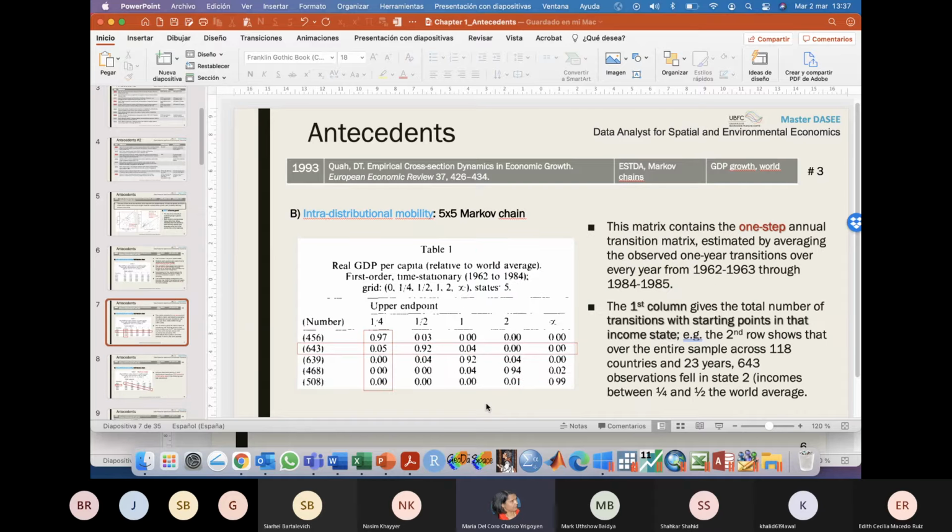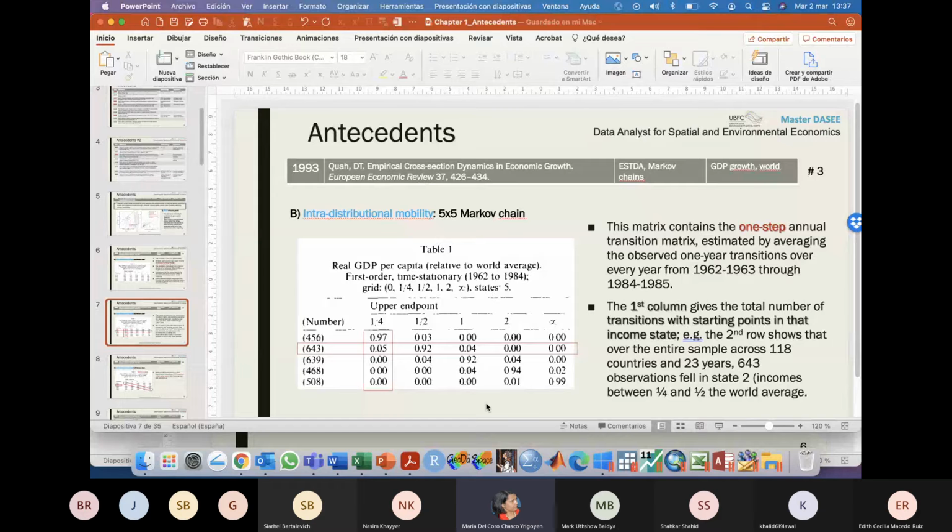This matrix contains the one-step annual transition matrix. So each of the numbers represents a probability of departing from one state in the first period and going to another state, or even the same one, in a final period.